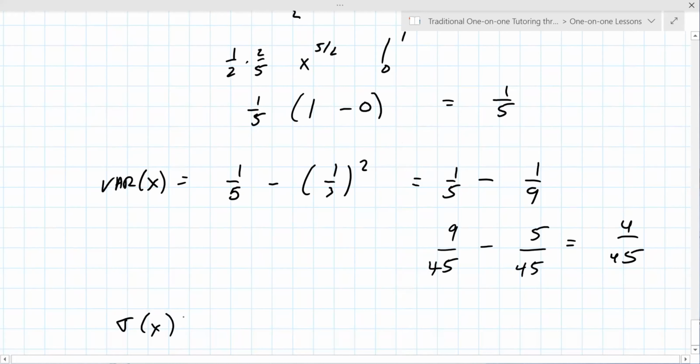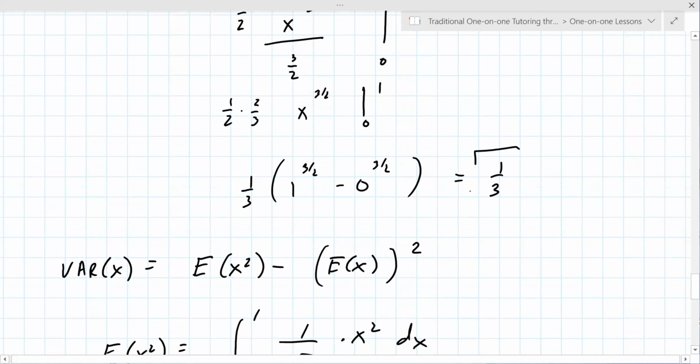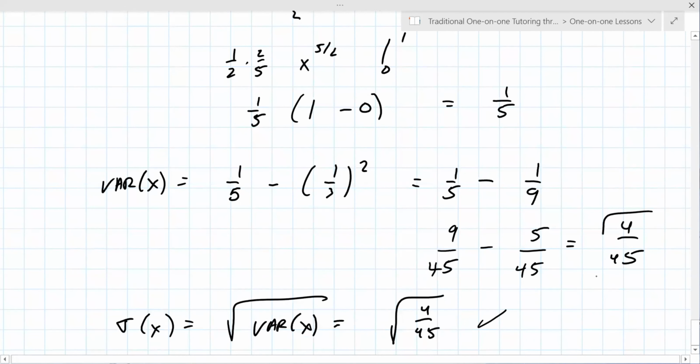Sigma of x equals the square root of the variance of x, so it's the square root of 4 over 45, and you're done. So the numbers you need, just to be clear, I'll box them in. You need this one, it's the expected value of X. You need this one, it's the variance of X. And then you need this one for the sigma of X.